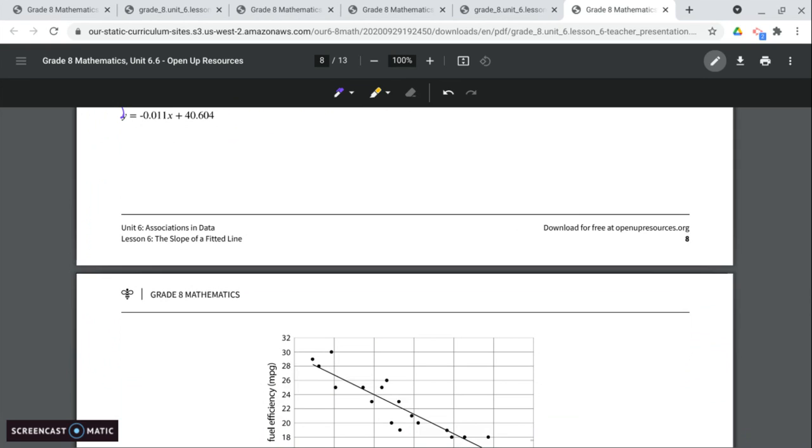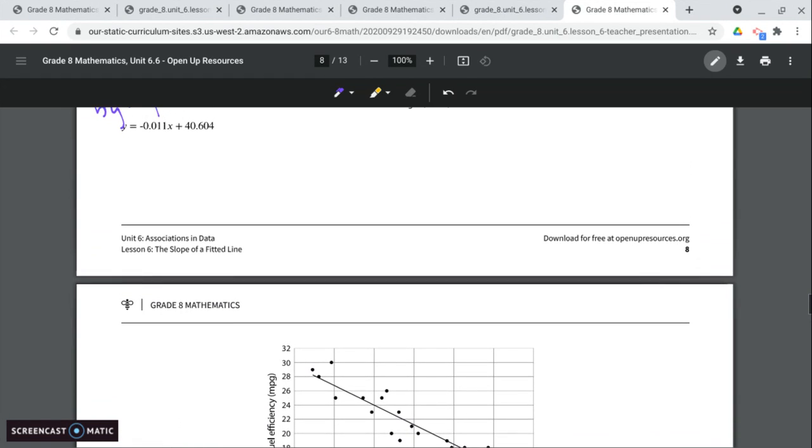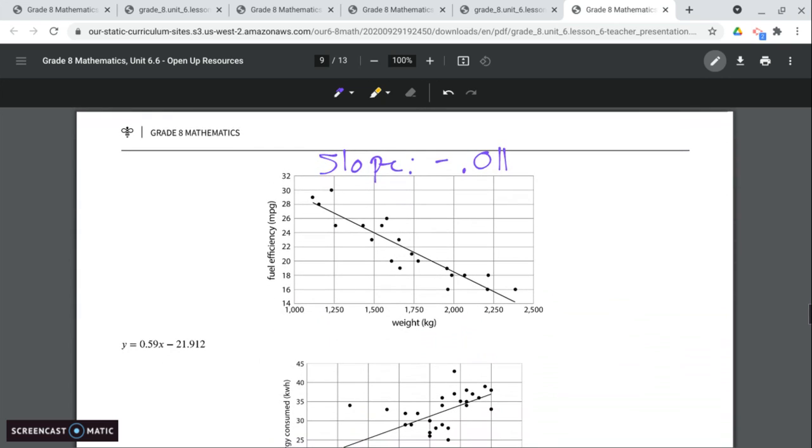All right, our next one, we have y equals negative 0.011x plus 40.604. Looking at this situation, we have our fuel efficiency and weight. Our slope is going to be negative 0.011. What it means in terms of this situation is if the weight of the car increases by 1 kilogram, the model predicts that its fuel efficiency decreases.